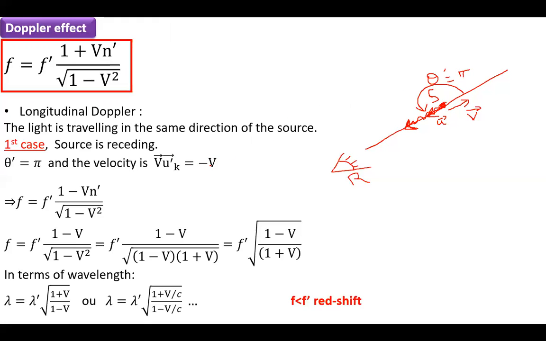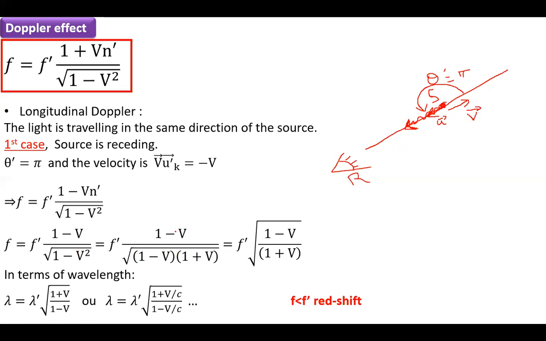So it's minus v. You replace it in the Doppler equation. So f is equal to f prime times 1 minus v n prime, because v times the unit vector is -1, over the radical of 1 minus v squared. So your f is equal to f prime times 1 minus v over the radical of 1 minus v squared, which is the radical of 1 minus v over the radical of 1 plus v.